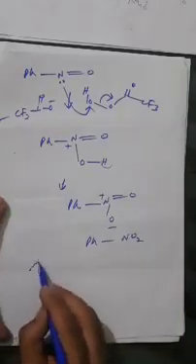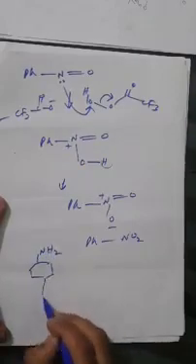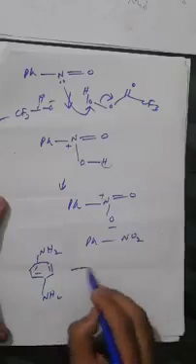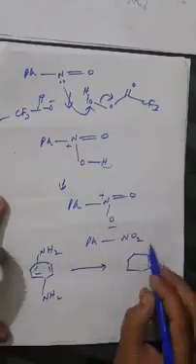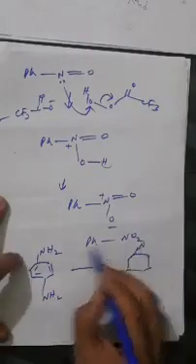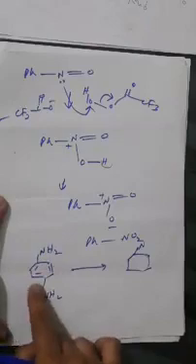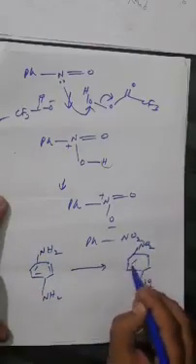Let's take an example here. You have this compound and you will have to convert 1,4-diaminobenzene into 1,4-dinitrobenzene.